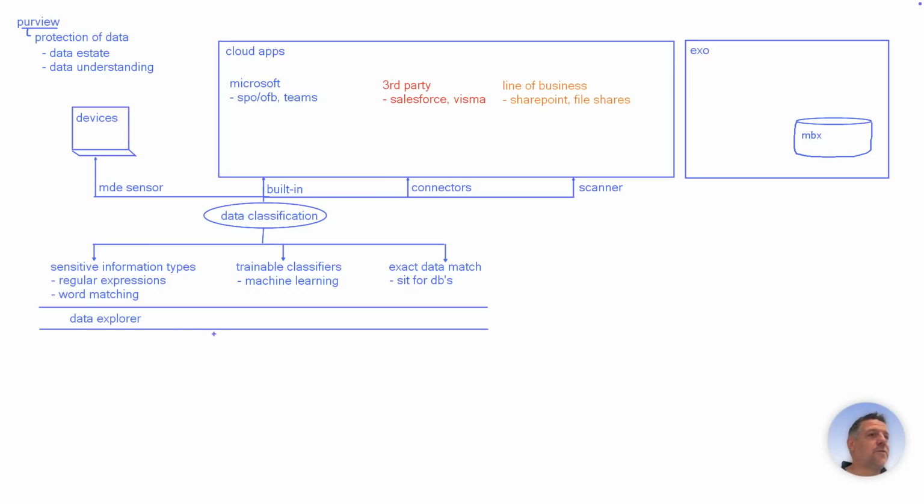Now, we want to take it one step further. And when we think about Microsoft Purview, there are actually quite a few solutions that we can implement when it comes to protecting our data. Now we are going to focus on Exchange in this training. So let's look at what we can do with Exchange first.